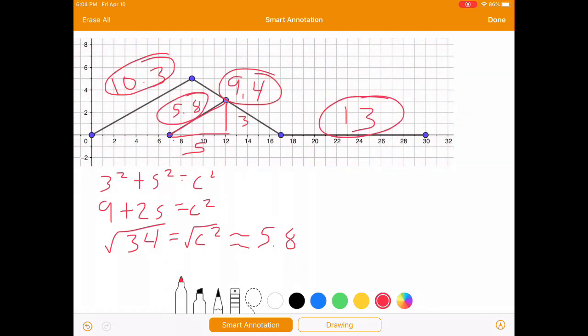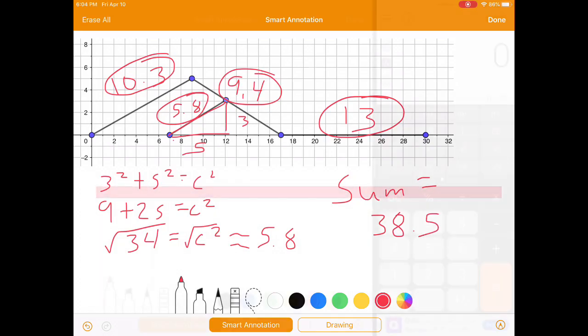So we want to find the total of all those. So we're going to add all those up. So we're looking at 10.3 plus 5.8 plus 9.4 plus 13 altogether is going to be 38.5.